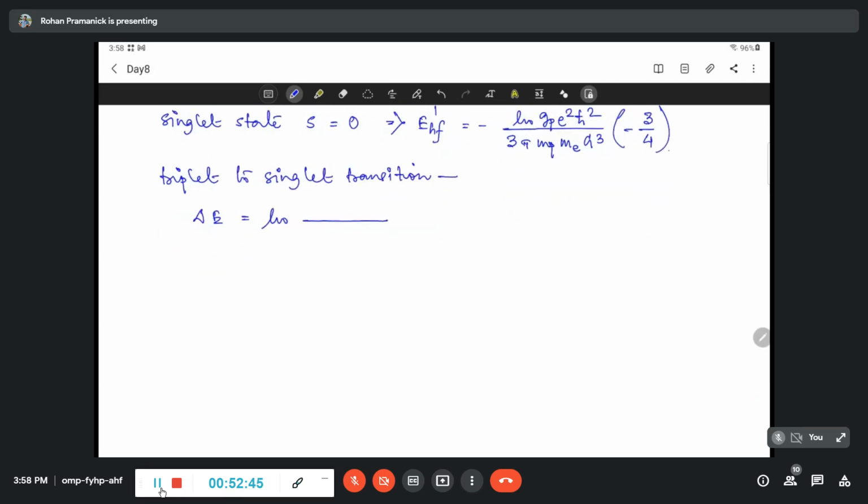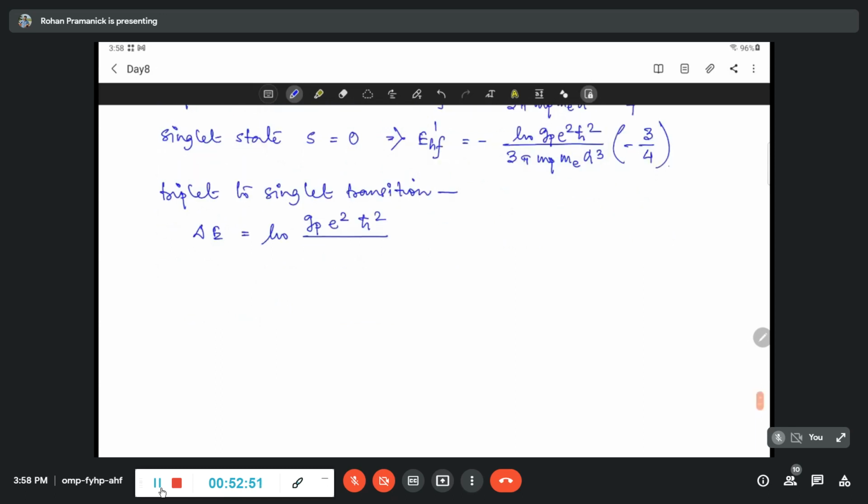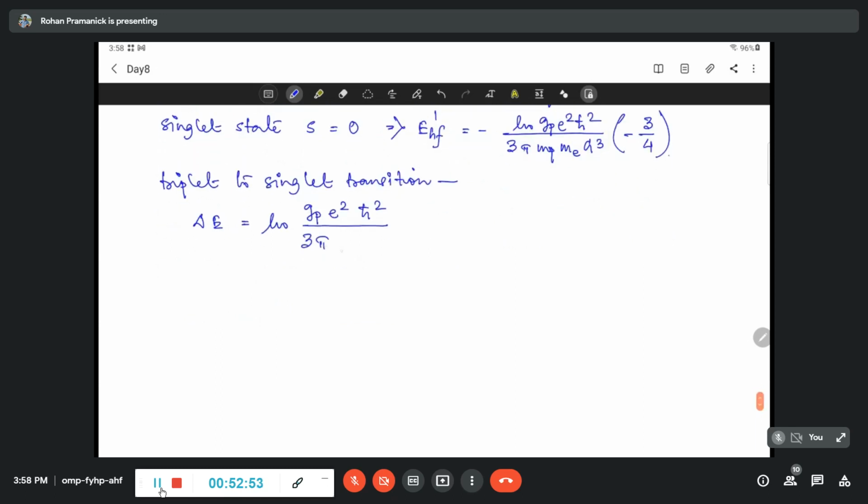This is mu naught Gp e square h cut square over 3 pi mp me a cube, and there is 1. So this is the expression for the triplet to singlet transition for the ground state of the hydrogen atom.